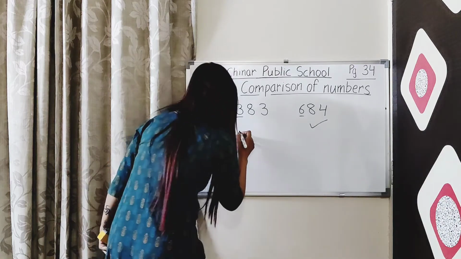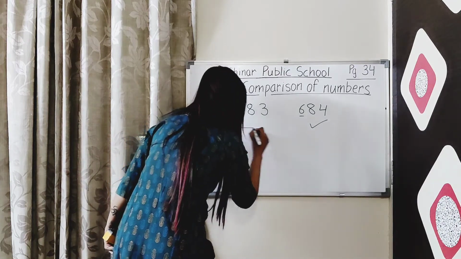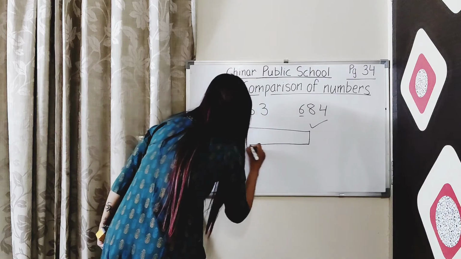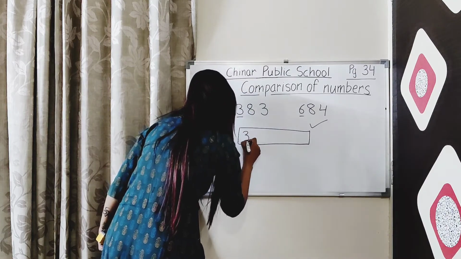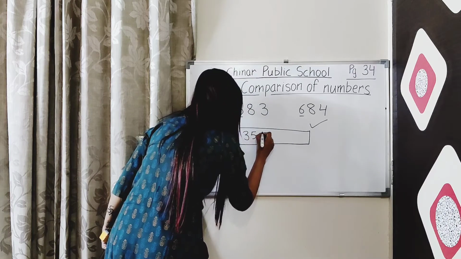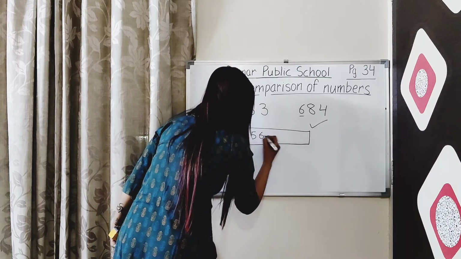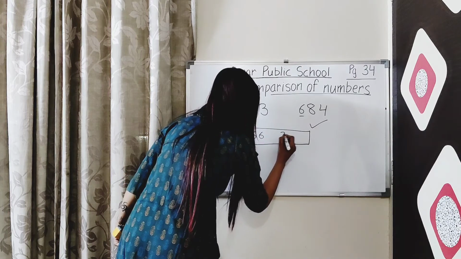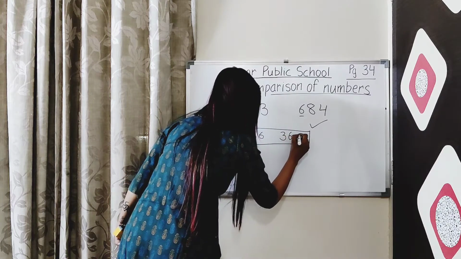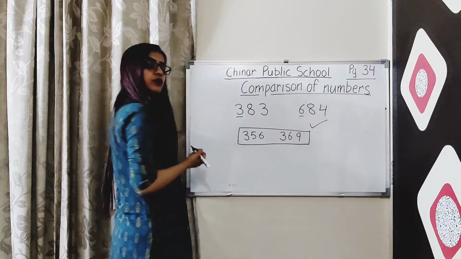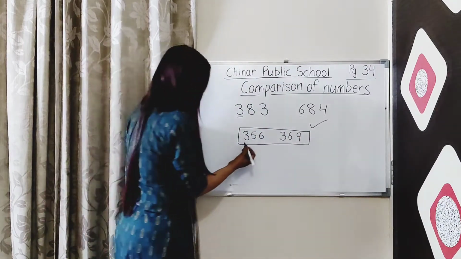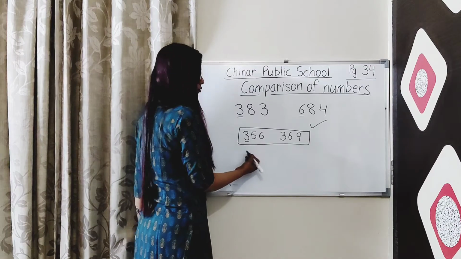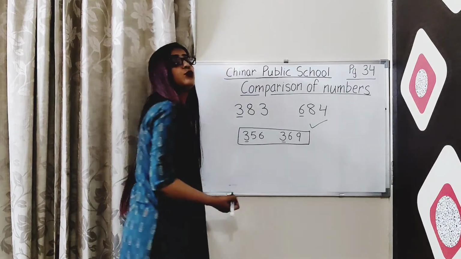Now let us take one more example. So now let us try to compare. Here it is 3, and here again it is 3.